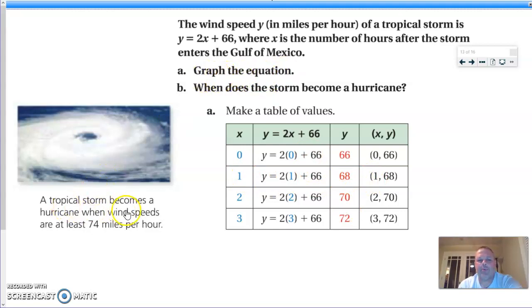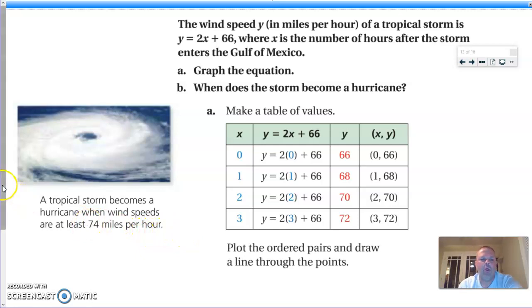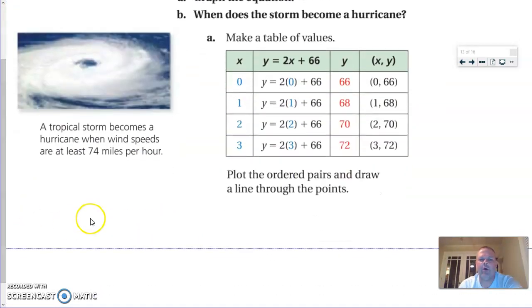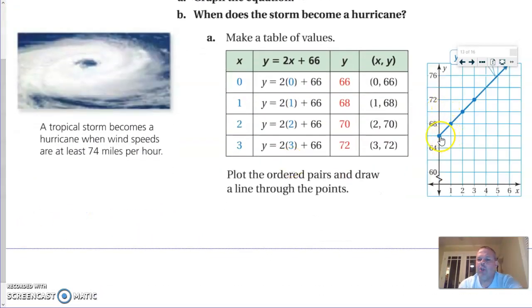Then it says a tropical storm becomes a hurricane when the wind speeds are at least 74 miles per hour. Well, here's my first thing that I have to do now. I'm going to graph that. Notice it's not negative, because we cannot have negative hours. So it's going to start at 0 and go up. We will just have positive numbers.